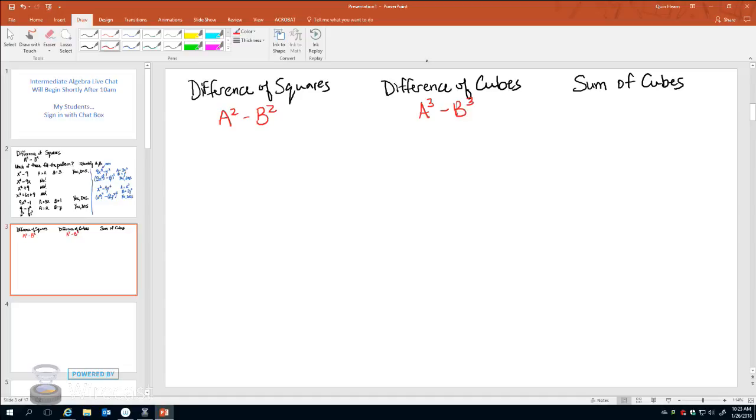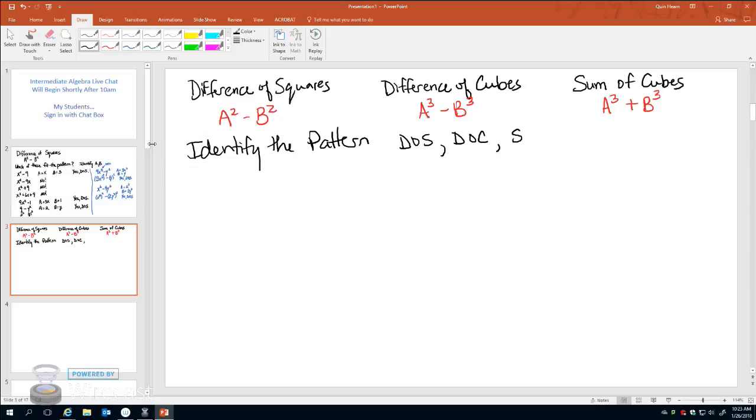And so the sum of cubes is going to look like a cubed plus b cubed. Something to the third power plus something to the third power. So what we're going to do now is try to identify whether we have one of these patterns: a difference of squares, a difference of cubes, a sum of cubes, or none of these.